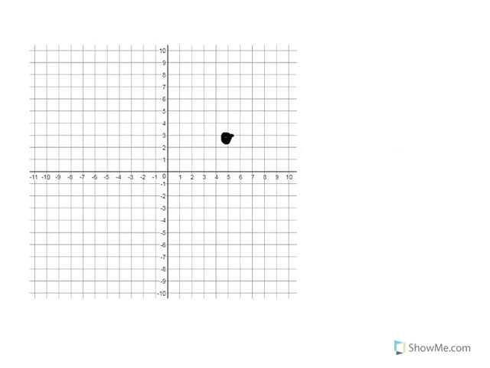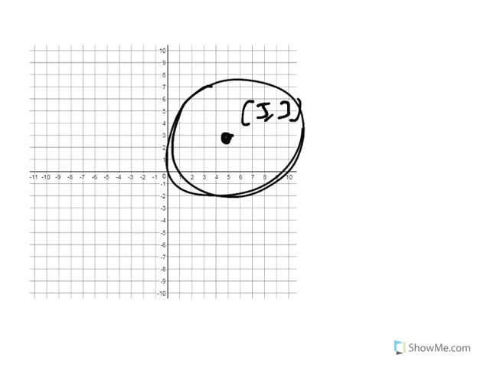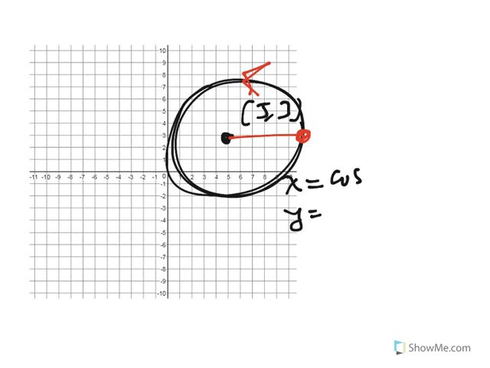Here's a center at 5, 3. And let's say I want to make the same circle. And just to make it easy, I'll have it start at this point, at like the 0 degrees point, and I'll have it go counterclockwise. So the way I do that, it's almost the same as before, 5 cosine t, 5 sine t. But that would make it centered at 0, 0.